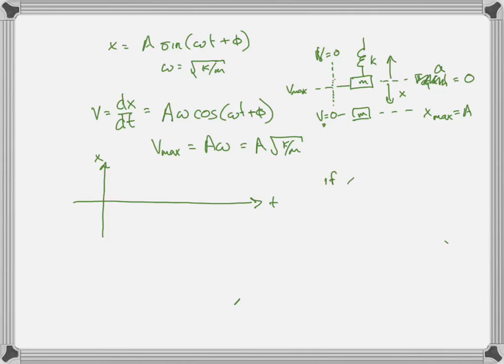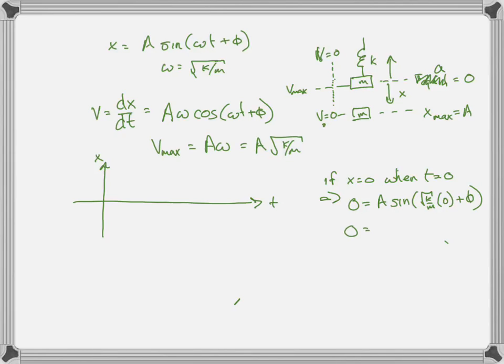So if x equals 0 when t equals 0, remember that this defines phi, and that's what I'm trying to do here. Therefore 0 equals A sine(square root of k over m times 0 plus phi), and then we solve for phi.